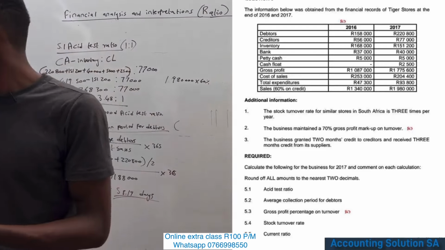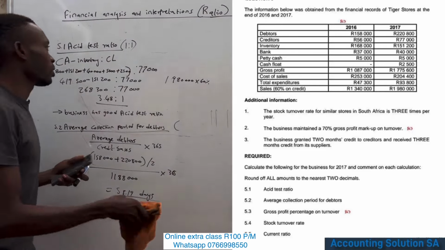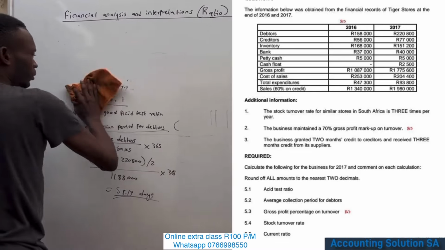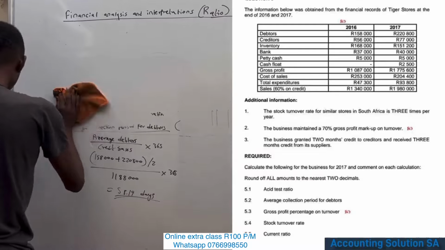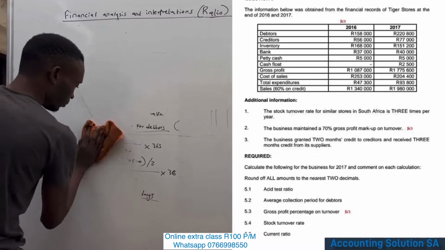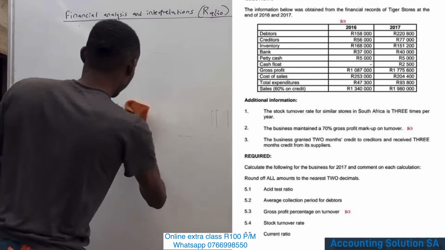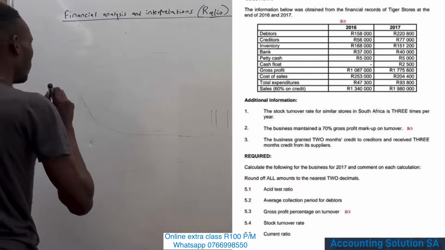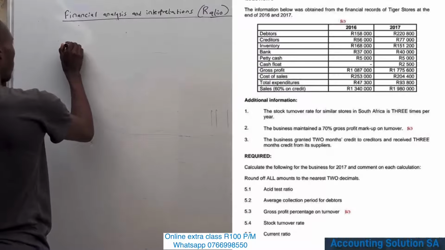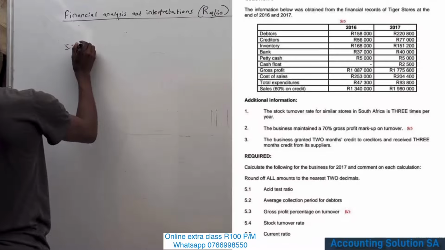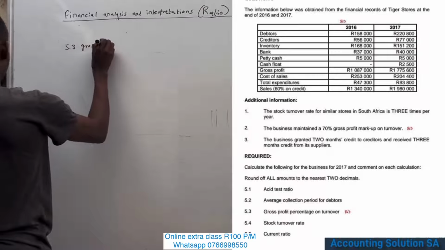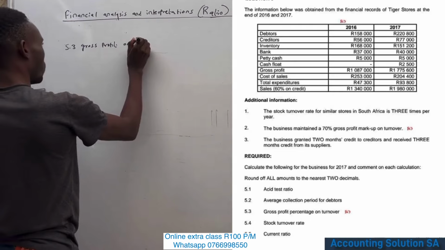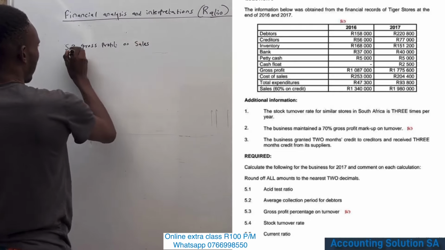Okay, then the next one is gross profit percentage on turnover. Okay, we need to calculate this one. It's 5.3. We need to calculate gross profit on sales or on turnover, it is the same, guys.